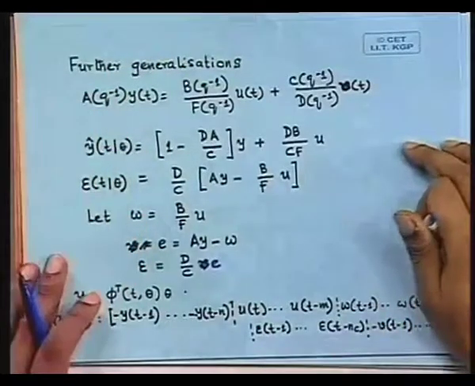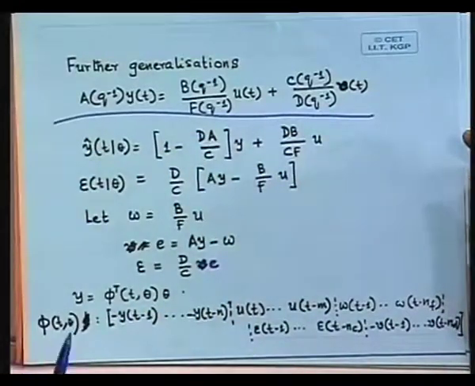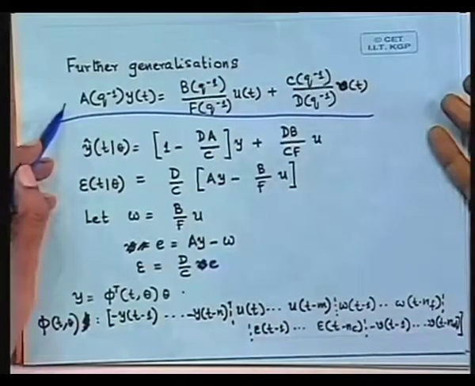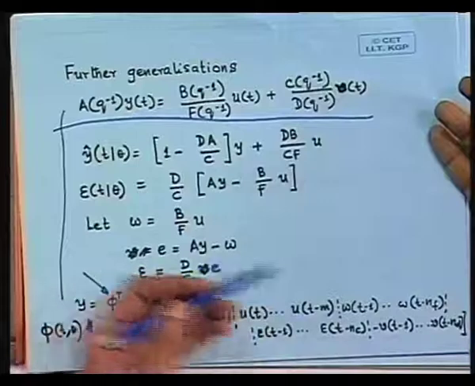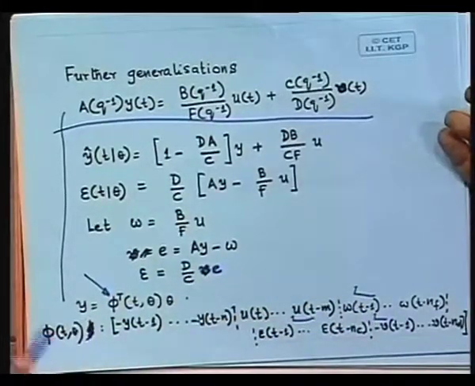This page I will not go into. You can do further generalizations. You can assume a model like this, which is the most general model used. Totally different C, D, totally different B, A, F you can use, and then you can go along the same approach and still cast it in phi transpose theta form. You will have various other vectors, and these are generally not called for, and it's not that simple; you might experience convergence problems, especially when you have a large amount of noise.